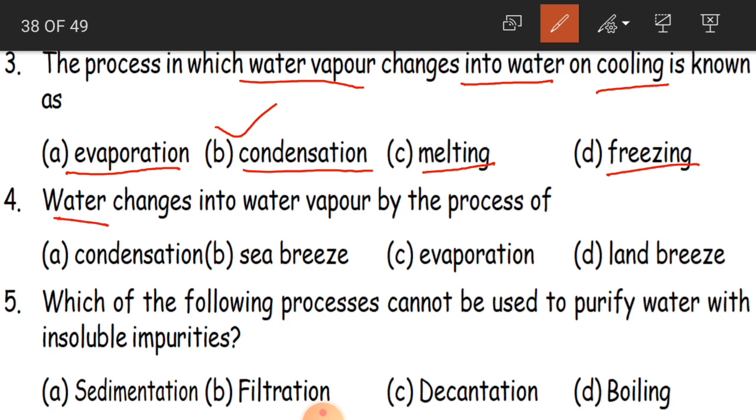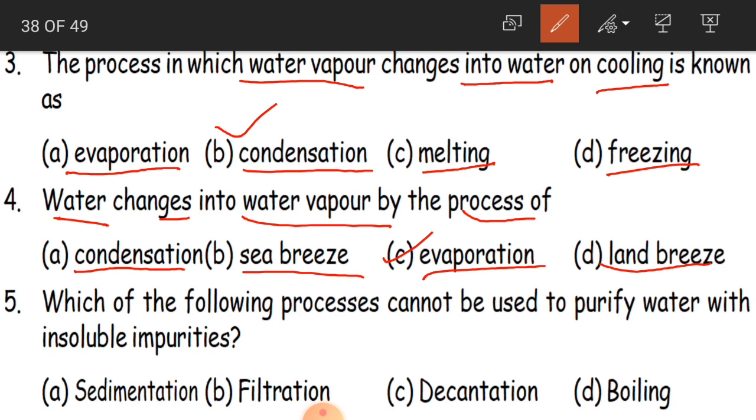Now the fourth question, water changes into water vapor by the process of either condensation, sea breeze, evaporation or land breeze. And the answer is evaporation.